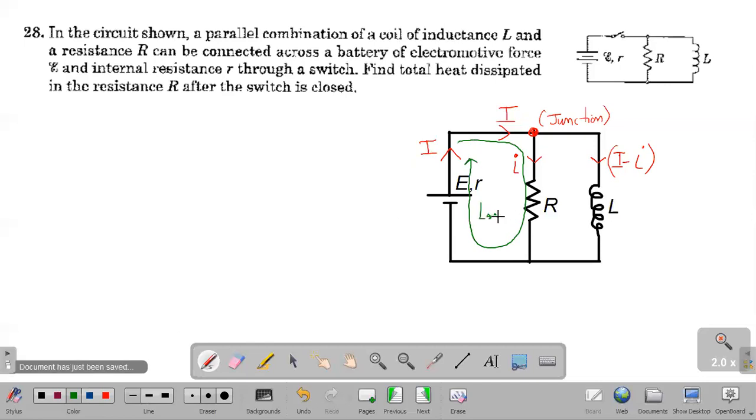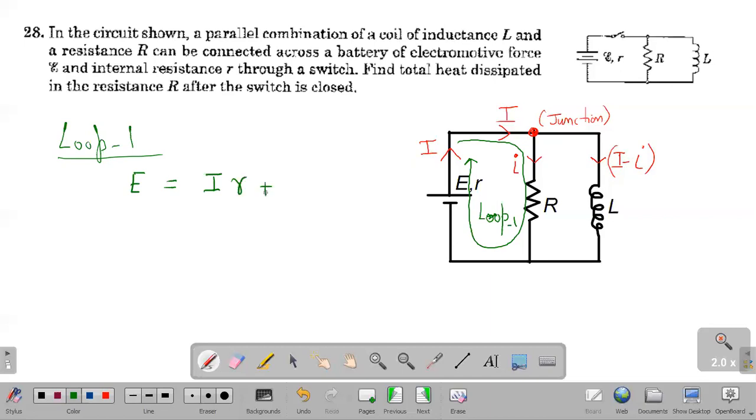If I write the Kirchhoff loop equation for loop 1, I can write: capital E equal to capital I into small r plus small i into capital R. This is according to the Kirchhoff loop equation for loop number 1.